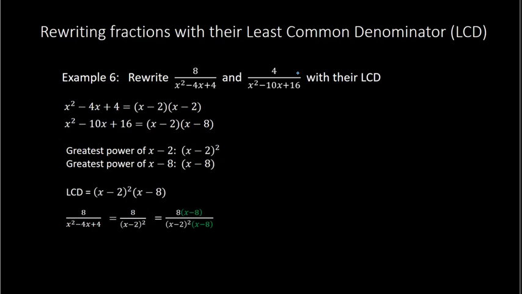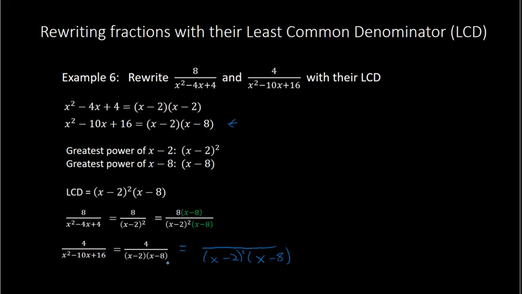Now looking at the other fraction, 4 over x squared minus 10x plus 16, we've already factored the denominator right here to be x minus 2 times x minus 8. So when I rewrite this as a new fraction with this least common denominator, the denominator needs to be x minus 2 squared times x minus 8.